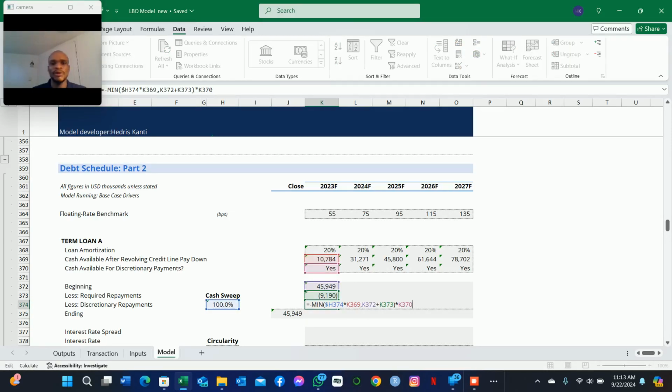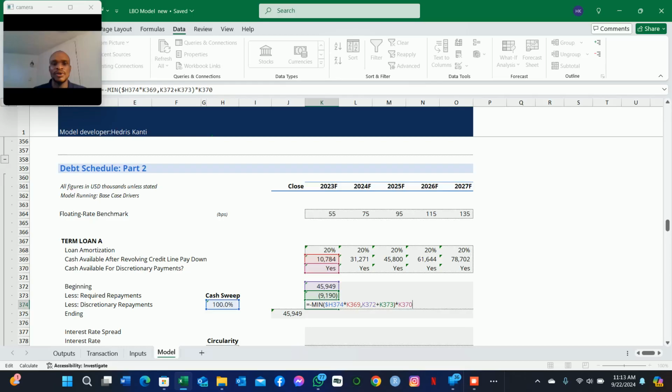So what we are saying here is we are taking the minimum of whatever cash sweep amount we'll be using to pay down this debt, or whatever has already been used for the mandatory repayment.